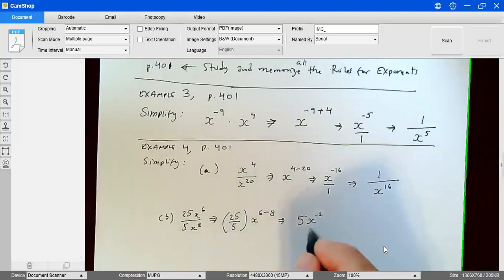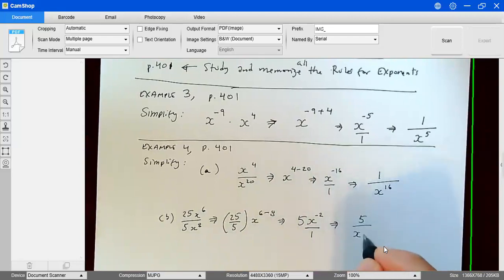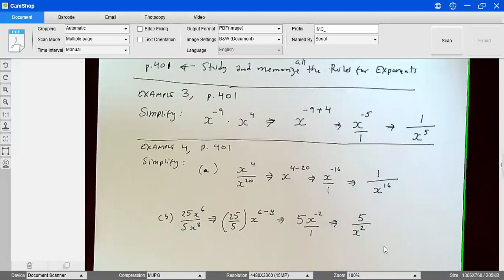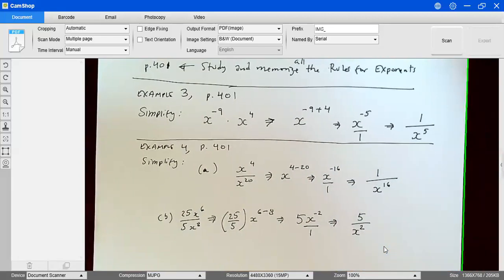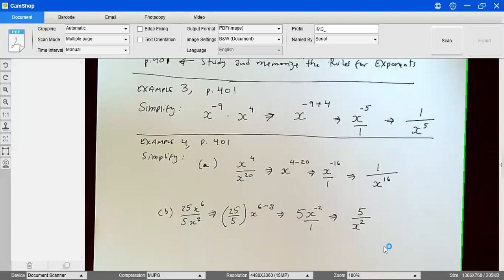We don't like negative exponents, so we're going to move this x to the negative 2 to the denominator to get it with the positive exponent. And we leave 5 on the top because 5 doesn't have any negative exponent.